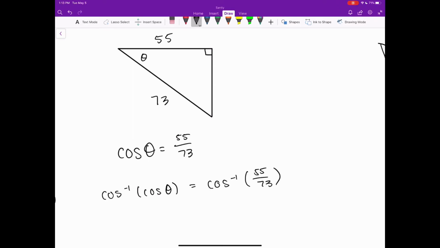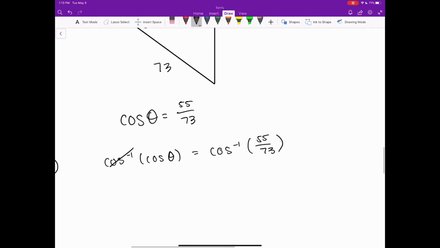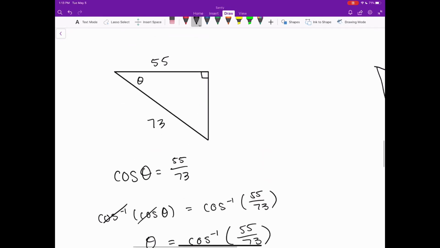And please do make sure to show all of your work on the assignments, please, please. That cosine inverse and cosine cancel each other, and I'm just left with theta equals cosine inverse of 55 over 73. And then I can type that into my calculator. Cosine inverse of 55 over 73, you get a theta of about 41.11209 degrees. So that one measures about 41 degrees.